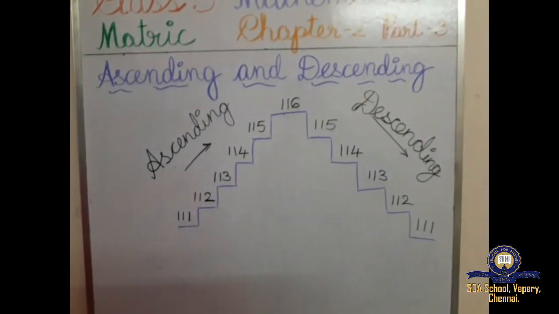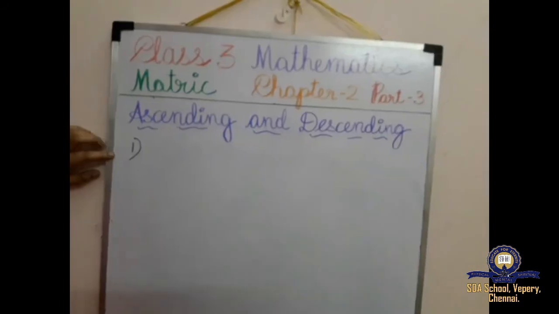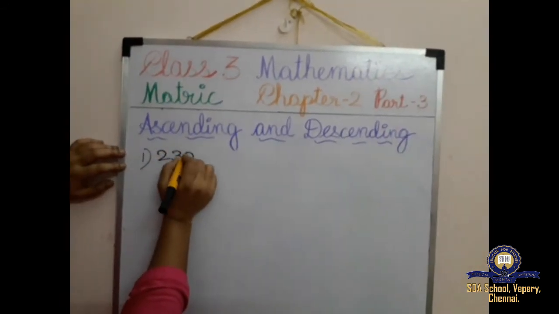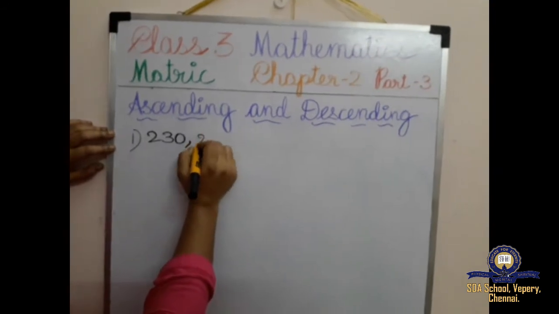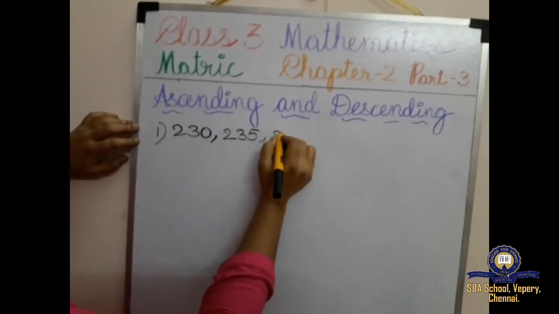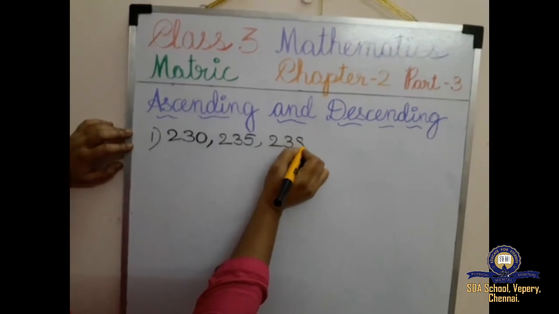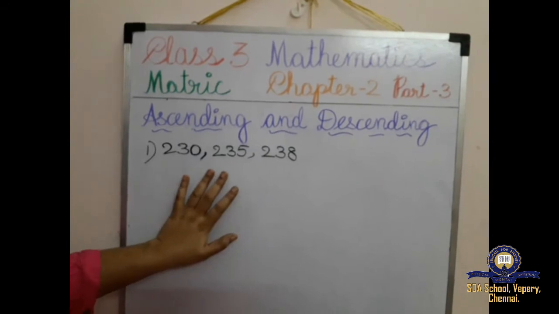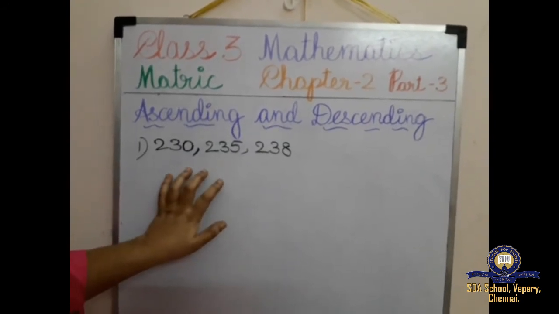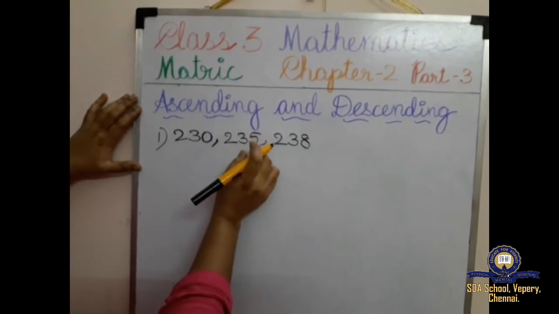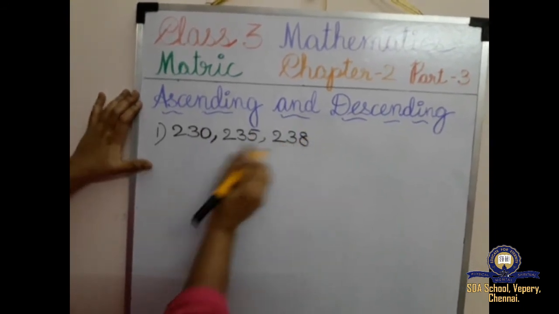Let's see some examples now. 230, 235, 238. So these numbers are in ascending or descending? See, the numbers are going up. 230, after that 235, after 235, 238.